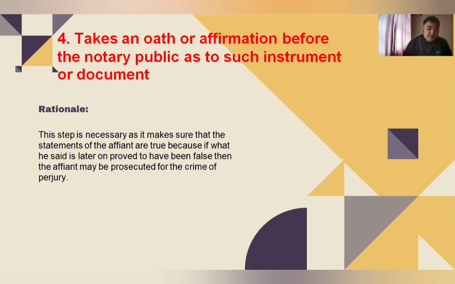And then the fourth would be takes an oath or affirmation before the notary public as to such instrument or document. The rationale for this is it makes sure that the statements of the affiant are true, because if what the affiant said is later on proved to be false, then the affiant may be prosecuted for the crime of perjury. So that is all. Thank you.